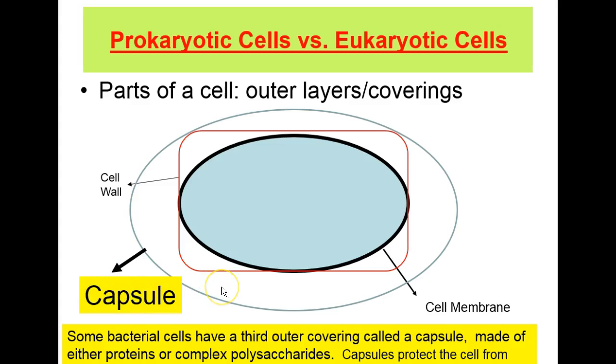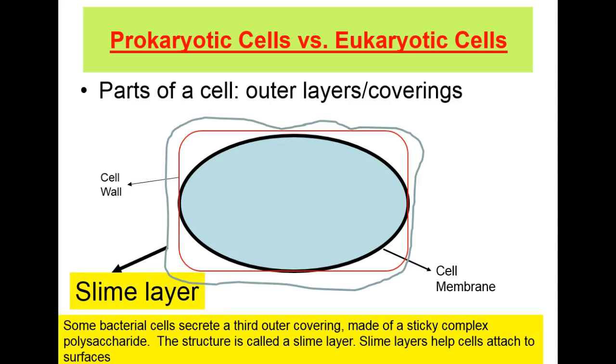Capsules protect bacteria from phagocytosis by human immune system cells. Other prokaryotic organisms have slime layers. Slime layers are diffuse, poorly defined, easily removed layers of a sticky complex polysaccharide. Slime layers help cells attach to surfaces.